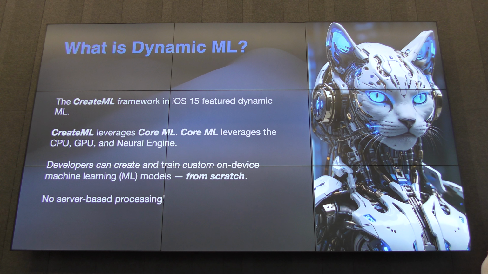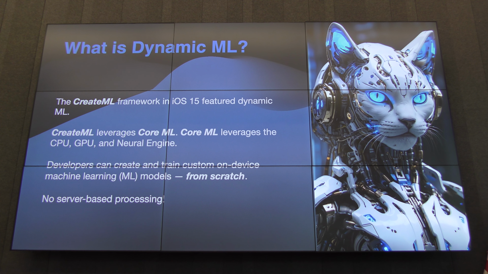So let's move on. What is dynamic ML, dynamic machine learning? 2 years ago with iOS 15, they came up with the Create ML framework that you could use. And that was the concept of dynamic ML.